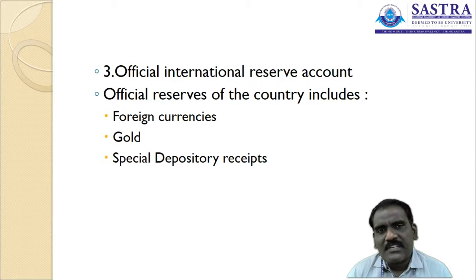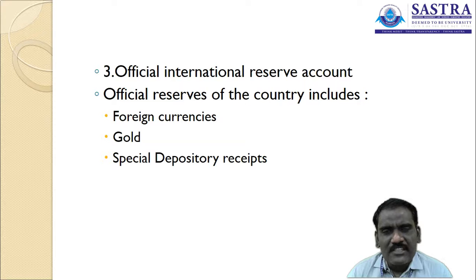Special depository receipts, like the American depository receipts or the global depository receipts, are the kind of investments into foreign companies. If Indian companies want to make investment into companies located or listed in the New York Stock Exchange, Indian companies need to buy the shares in the New York Stock Exchange by paying in terms of ADR, American Depository Receipts.